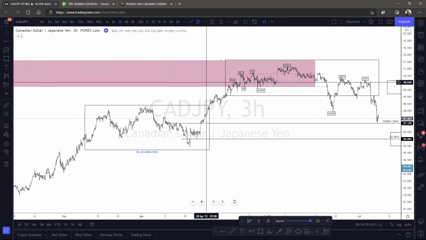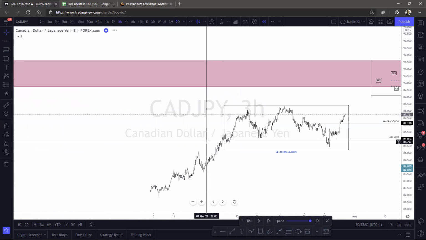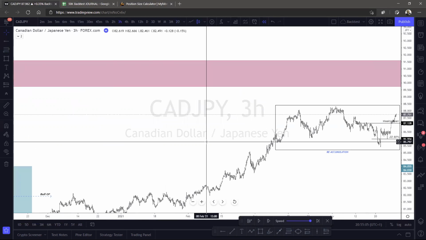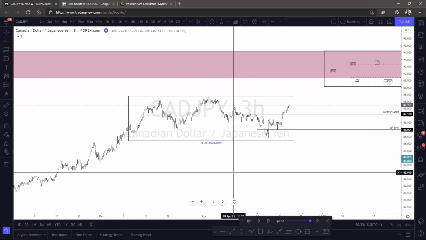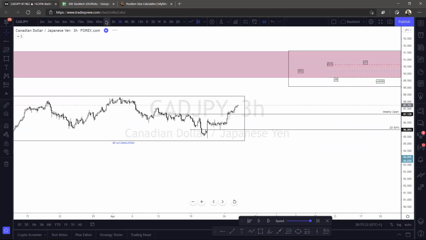Right. Okay, and we can see the reaccumulation here. But I think within that reaccumulation, we can see the accumulation happening on the lower time frame here.